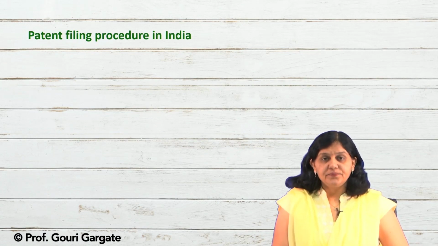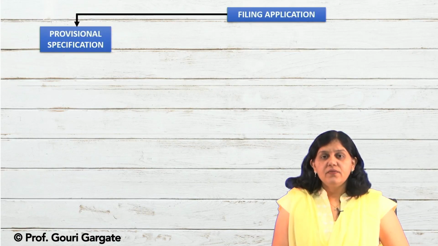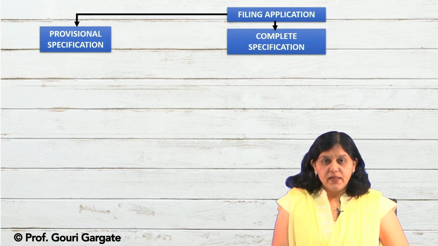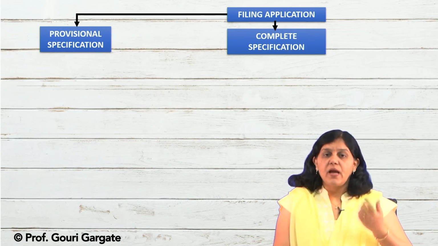So, let us start. The first step is that the applicant will create a document that may be a provisional specification or a complete specification. This may be drafted by the patent attorney or agent or the applicant himself.